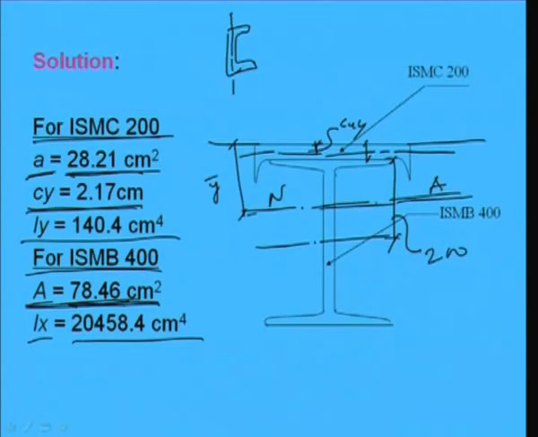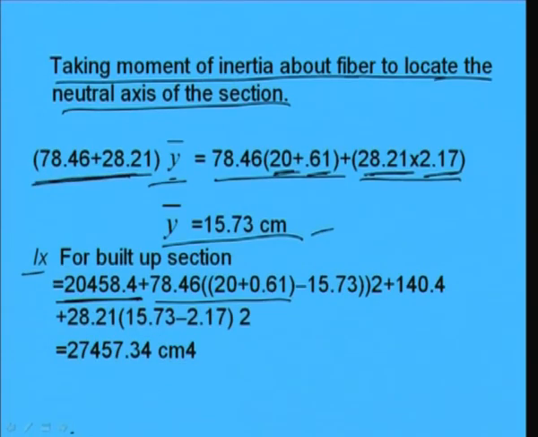The distance R is 200 minus y bar, or we can simply find the distance, 20 plus 0.6 minus y bar. So, we can find the moment of inertia due to shifting of the neutral axis, then the same for the channel section.